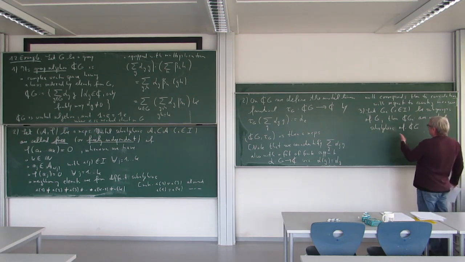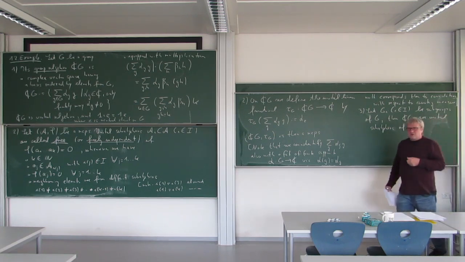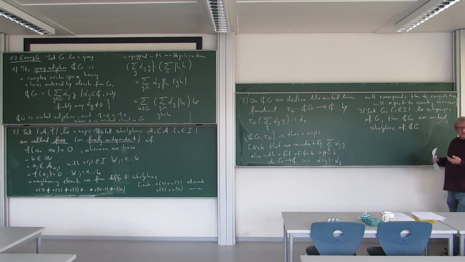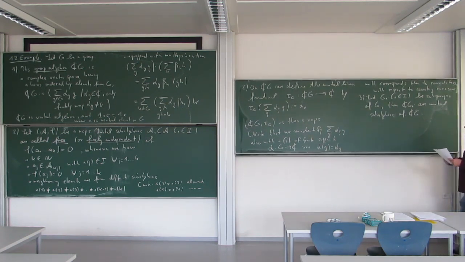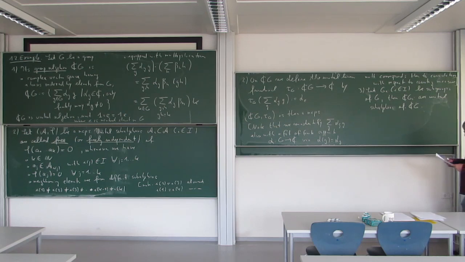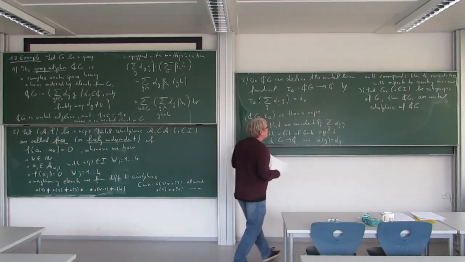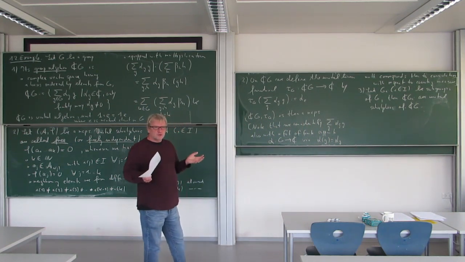And they are subalgebras because if I multiply two elements where only the coefficients in this subgroup are different from 0, then, because it's a subgroup, it again multiplies only into this subgroup. So those are subalgebras.